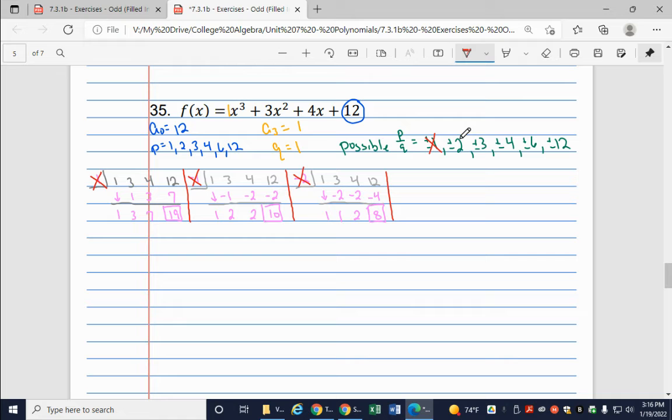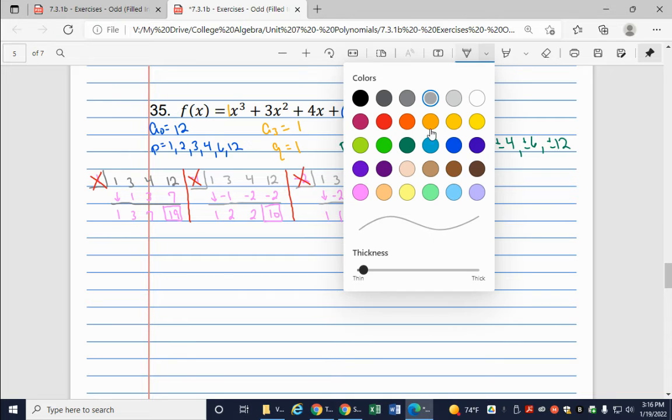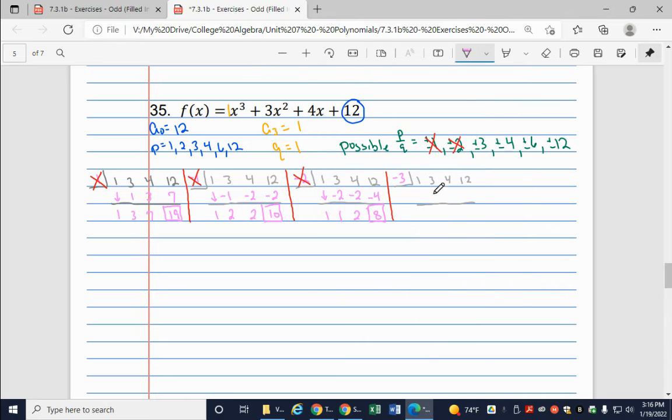So I know +2 is not going to work. I know -2 now doesn't work. Let's try 3, -3. 1, 3, 4, and 12. My 1 comes straight down. -3 times 1 is -3. 3 minus 3 is 0. -3 times 0 is 0. 4 plus 0 is 4.